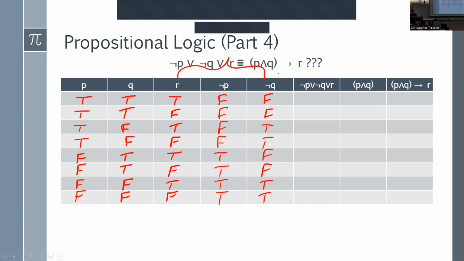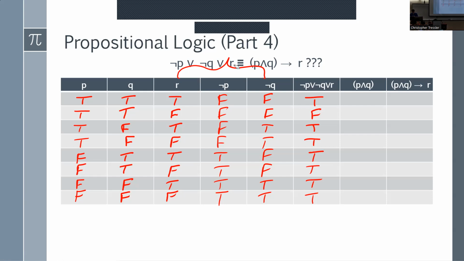This one is true because we have a true statement in R, and this one is false because all 3 are false. The rest are true, because there is a true in each. You see how I got those values: I looked at those 3 and made sure at least one of them was true.